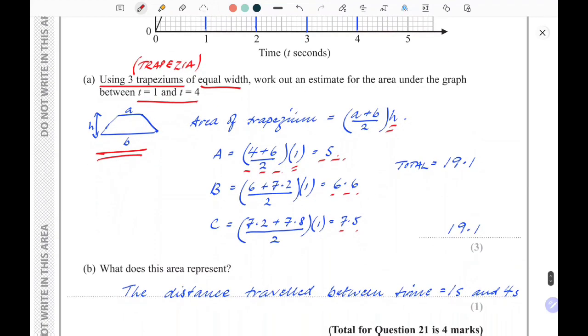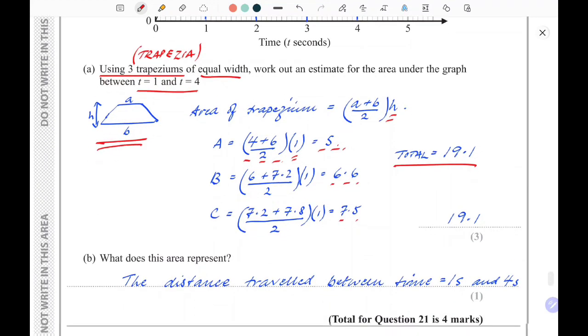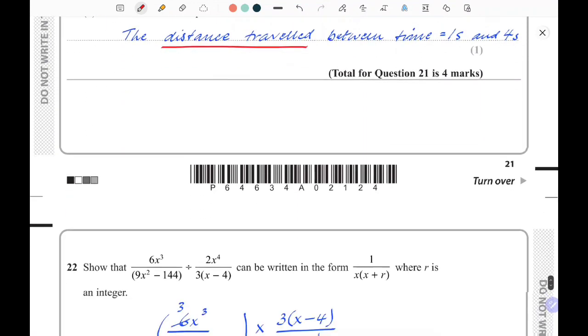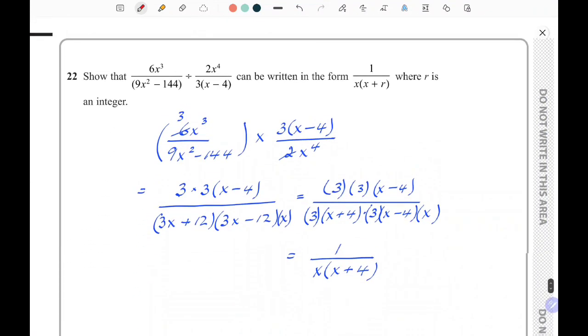Add those up, just put in your calculator, and you get a total of 19.1. All right. What does this area represent? The area under a speed time graph is the distance traveled. Okay. And in this particular case, you probably should be specific that it's a time between 1 second and 4 seconds.